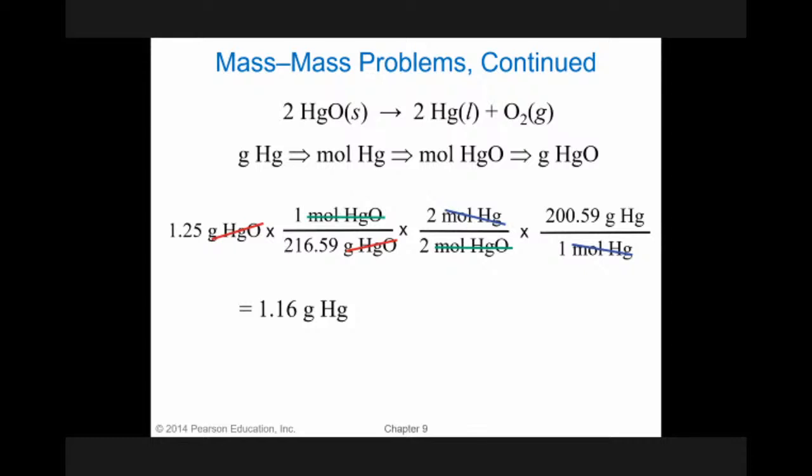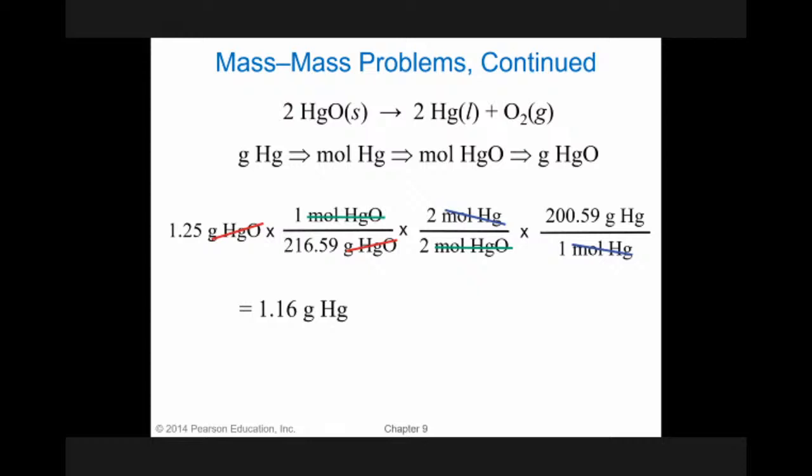Now, look at the next factor. That factor comes from the balanced equation. The reason why you must have a right balanced equation is right there, the second factor. The problem is asking for gram of Hg. So the ratio must be between what's given to you and what they're asking for.